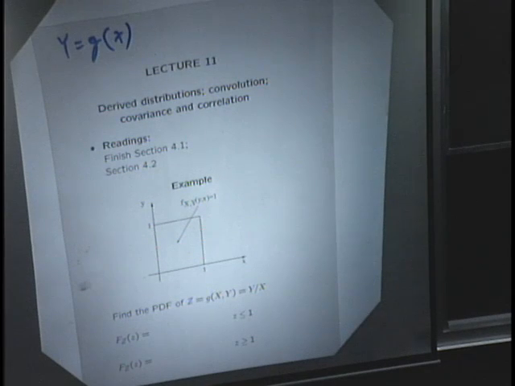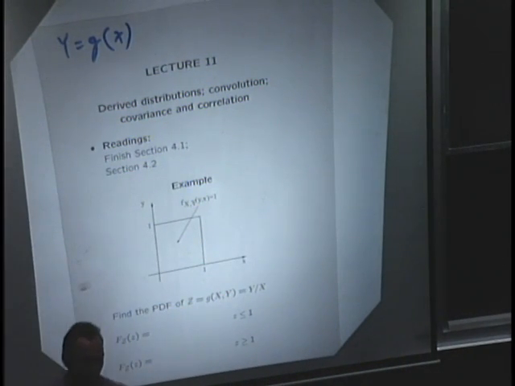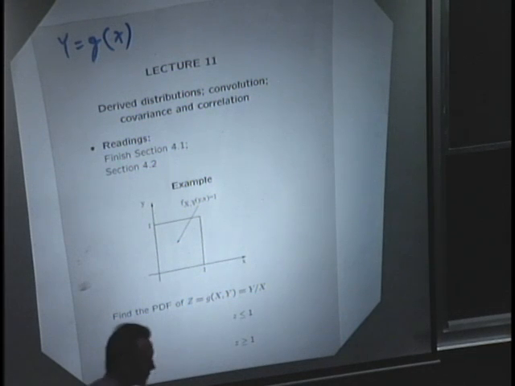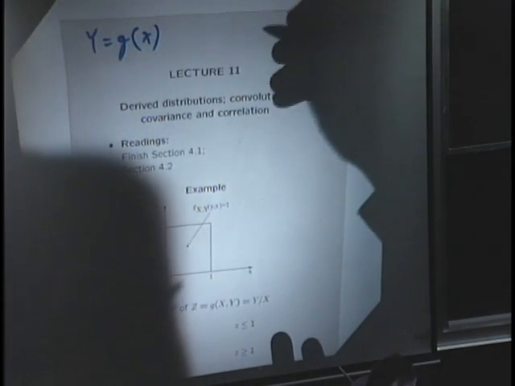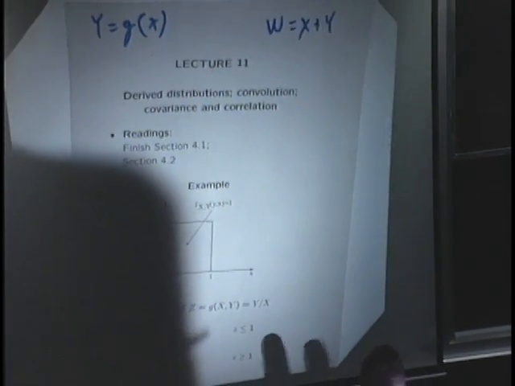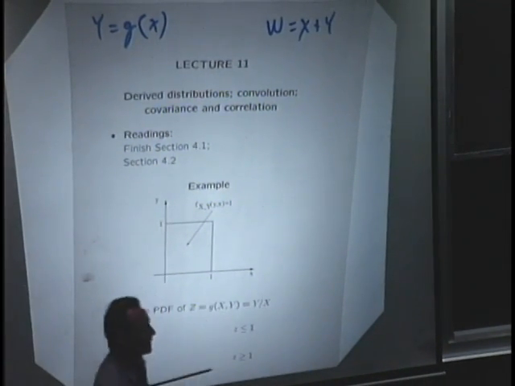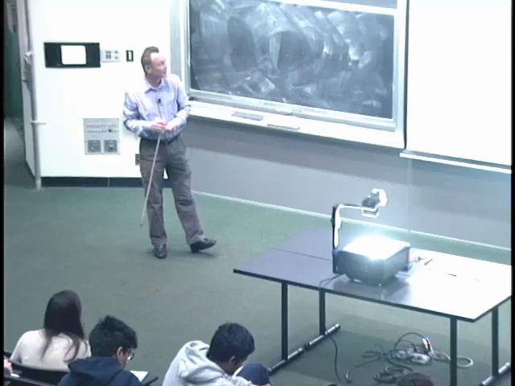Today we're going to do an example where we deal with a function of two random variables. And then we're going to consider the most interesting example of this kind, in which we have a random variable w, which is the sum of two independent random variables.